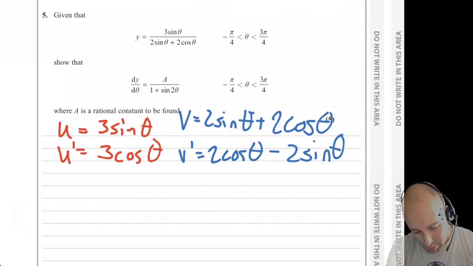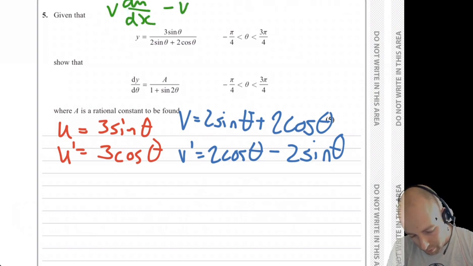Cool. So I'm going to put it into the equation, which is v du dx minus u dv dx over v squared.